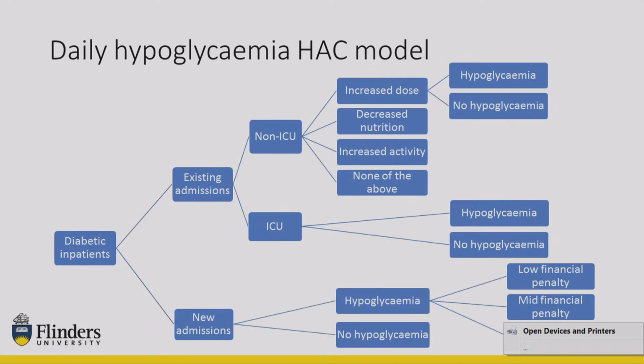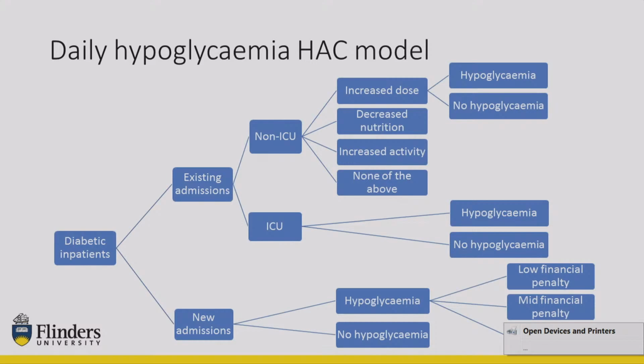But perhaps the most relevant model structure is one that incorporates time. So in the previous model structures, we didn't have any representation of time. So we've got our patients, and clearly individual patients could experience decreased nutrition on multiple occasions.